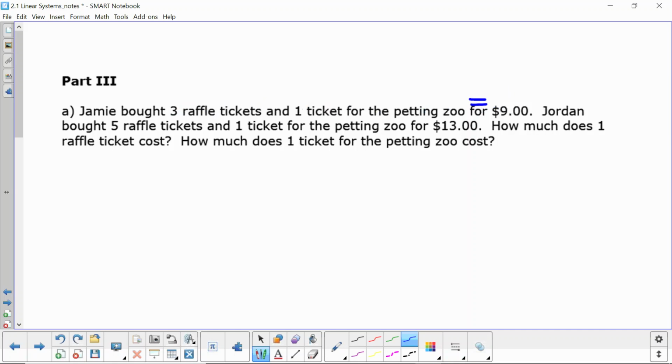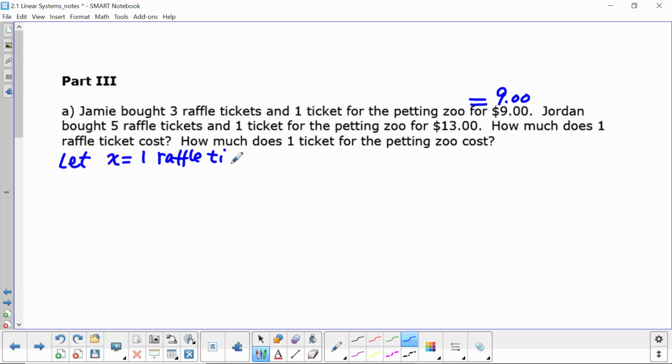So the right side is $9 and the left side is 3 raffle tickets. We are going to set up that x equals the cost of 1 raffle ticket.